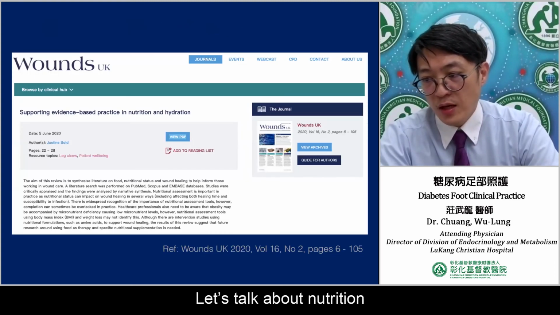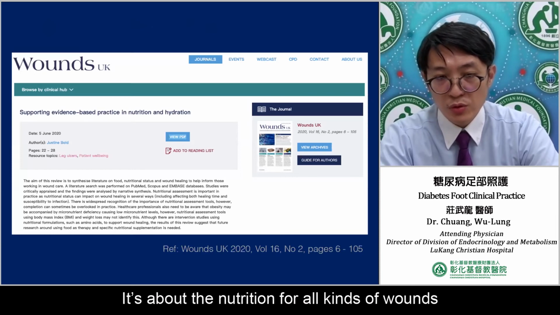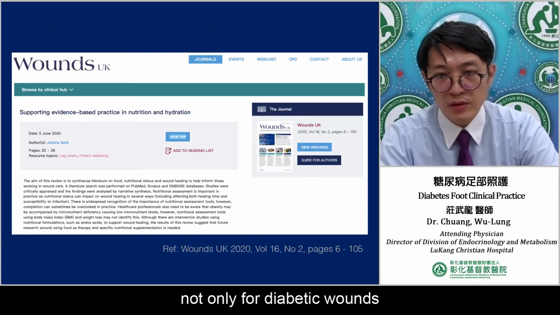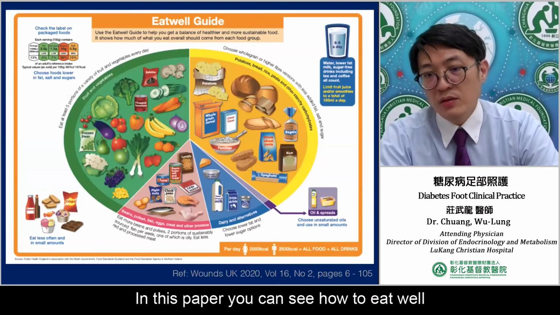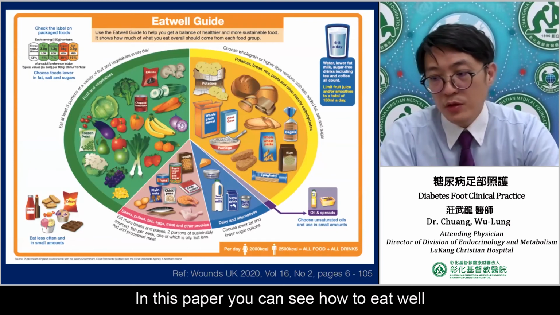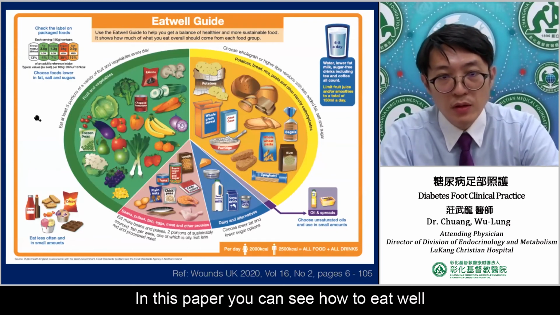Let's talk about nutrition. You may see the journal for the wound's nutrition. It's a nutrition for all kinds of wounds, not only diabetic wounds. And in this paper, you can see how to eat well.